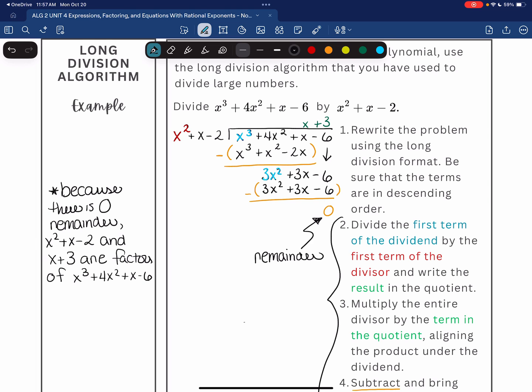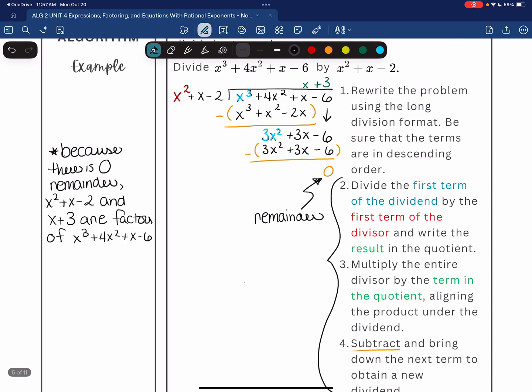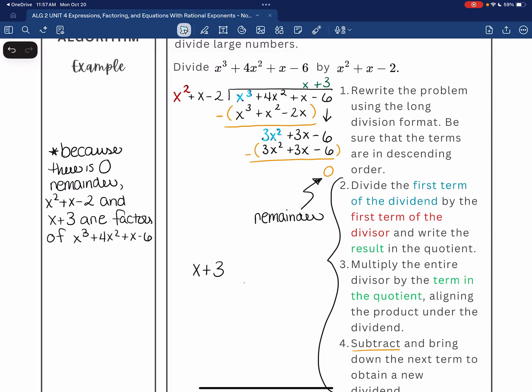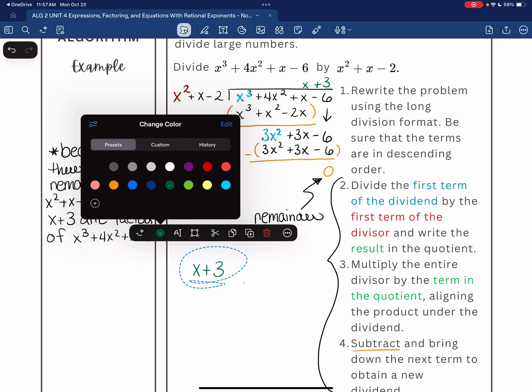All right, so what is our answer? When we divide x cubed plus 4x squared plus x minus 6 by x squared plus x minus 2, the quotient is x plus 3, which I'm going to change that color and have it match what we had up there.